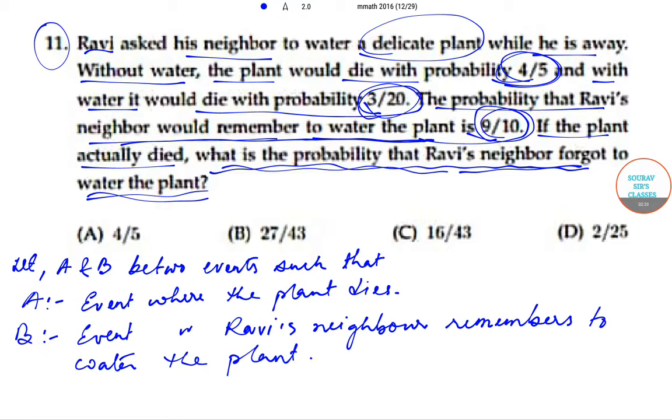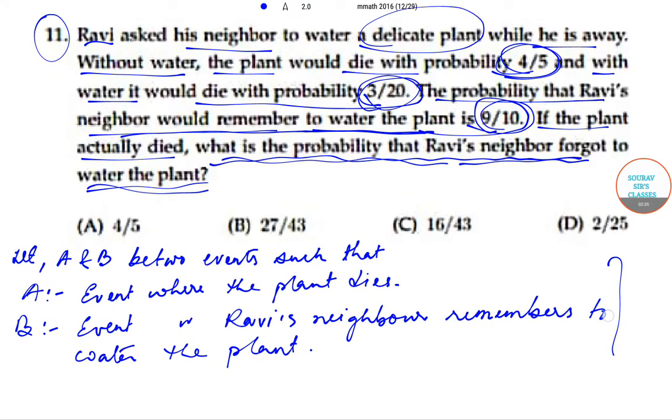So these are two events that we have defined. Now we'll try to solve the problem.